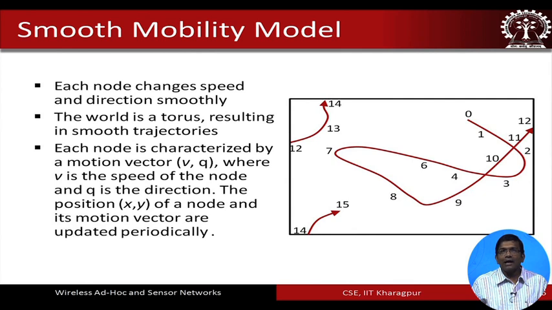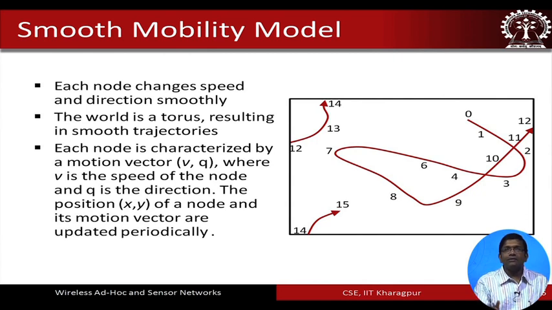However, if we look at the figure in front of us for the smooth mobility model, for each of the nodes which moves, we find that the trajectory is a smooth trajectory, not a straight line. Here each node is characterized by a motion vector (v, q), where v is the speed of the node and q is the direction. The position (x, y) of a node and its motion vector are updated periodically.